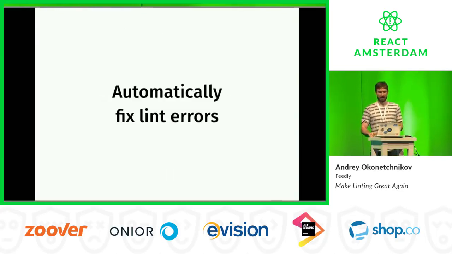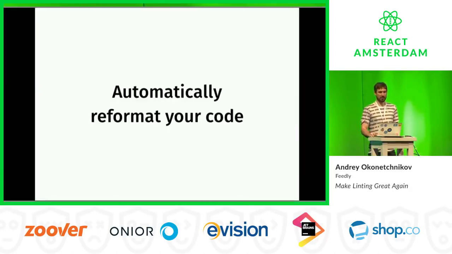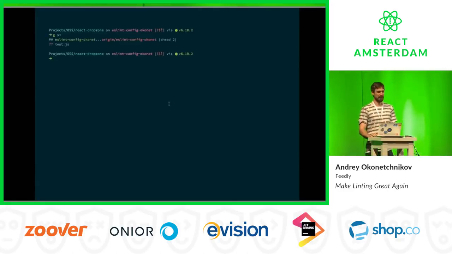But there's more. You can even automatically fix linting errors. If you create this kind of config, you can now fix errors, add them to the index of this commit, and commit in one go. Or even reformat your code. There's an amazing project called Prettier that will automatically reformat your code on a pre-commit hook and add it to your commit. And this is how it looks.